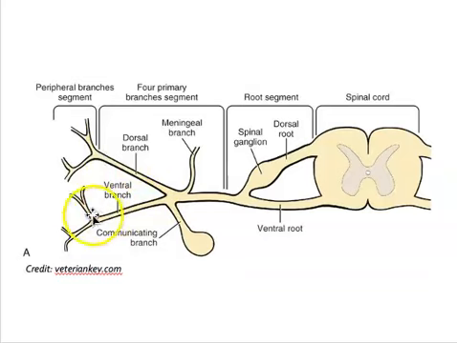And this anterior ramus is going to innervate the lateral muscles and the lateral skin of the back and the limbs. Now, before it can innervate the limbs, it forms into what we're going to call nerve plexuses, and there are 5 of them.